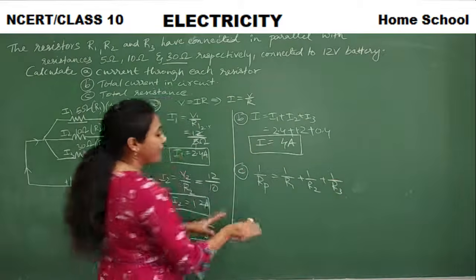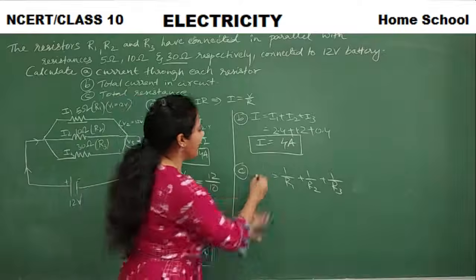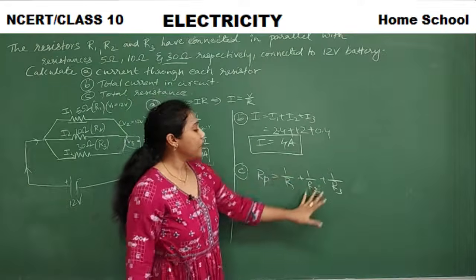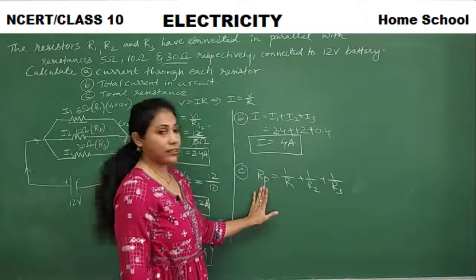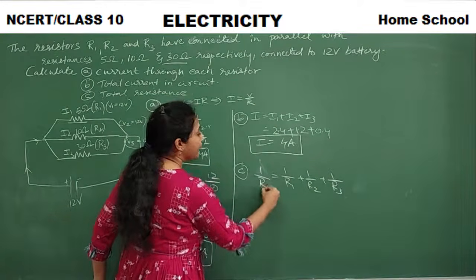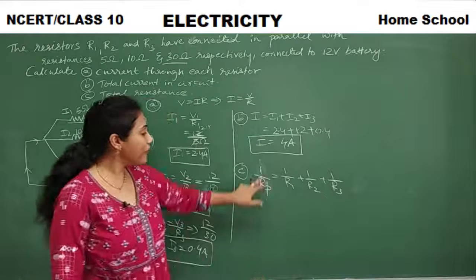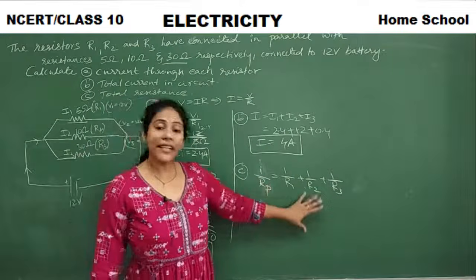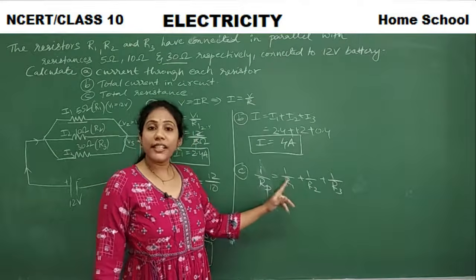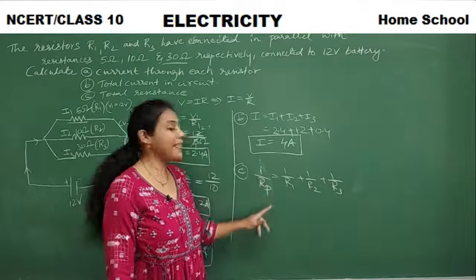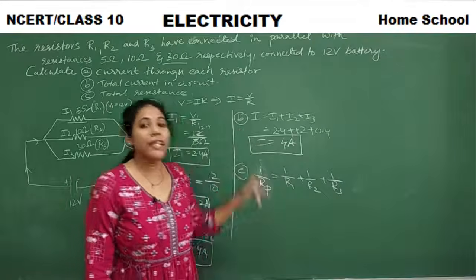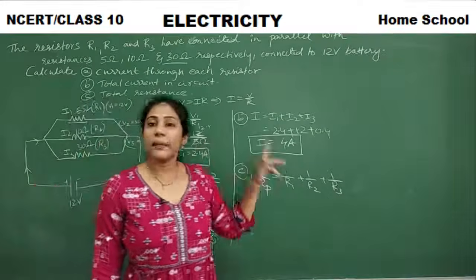Many of you will take the formula as Rp equal to 1 upon R1, 1 upon R2 and 1 upon R3, whereas this is wrong. It is the reciprocal of Rp, so 1 by Rp you should write. When you take just Rp, you would end up getting a wrong value. This is where most of the children make mistakes. So be careful. 1 upon Rp is equal to 1 upon R1 plus 1 upon R2 plus 1 upon R3.